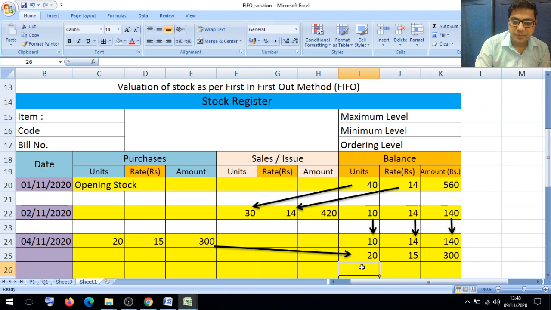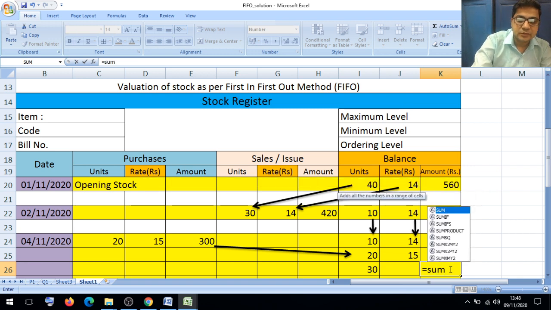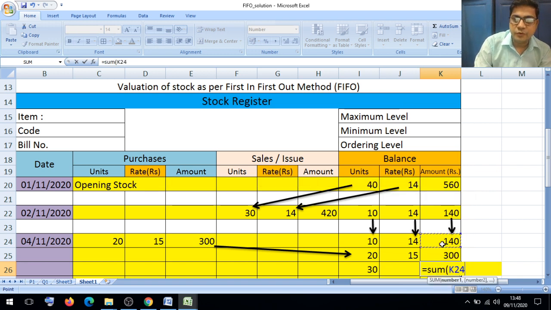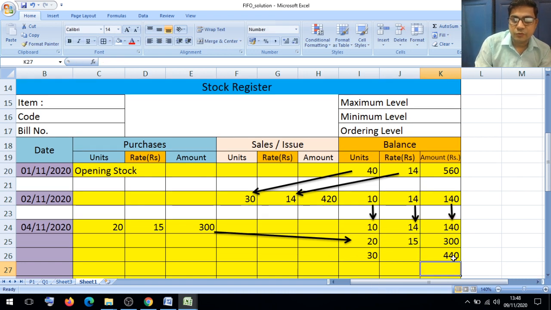So we have a total of 10 plus 20, 30 units, and their value in rupees is 140 plus 300, which means 440. So this particular value is available after 4th November.